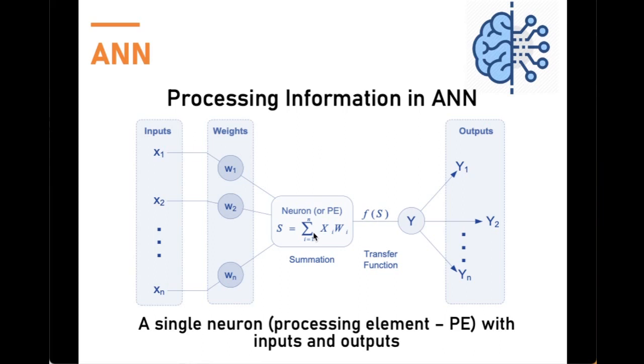The weighted sum is passed through the activation function, here shown as transfer function. The activation function determines the output of the neuron based on the calculated sum. This function also introduces non-linearity into the neuron's response. So this is the output, the response.